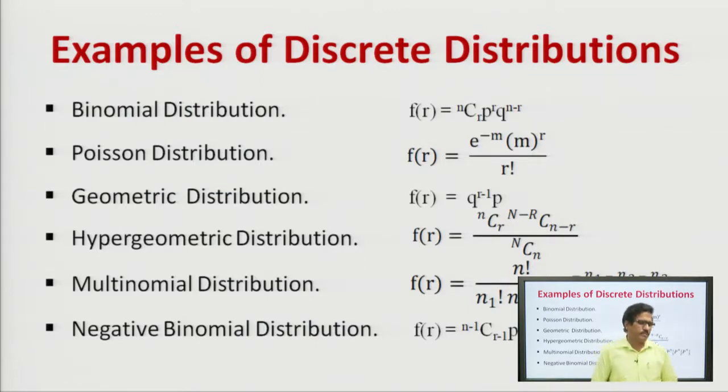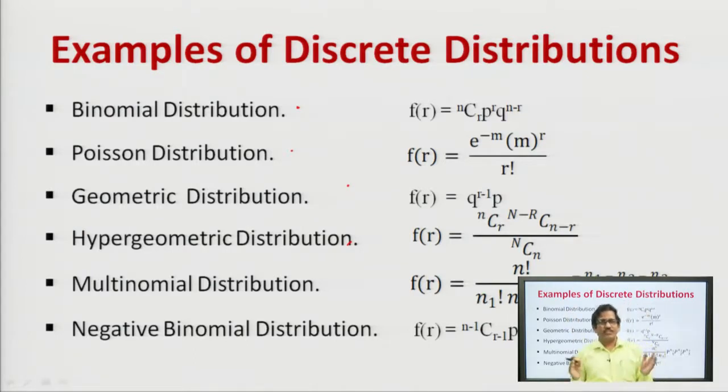Examples of discrete distributions are binomial distribution and Poisson distribution. You might have heard about binomial distribution. Other types of distributions are geometric, hypergeometric, multinomial, negative binomial and so on. Different distributions are applicable in different cases. If your sample is small and the probability of happening is reasonably good, then binomial distribution is applicable.